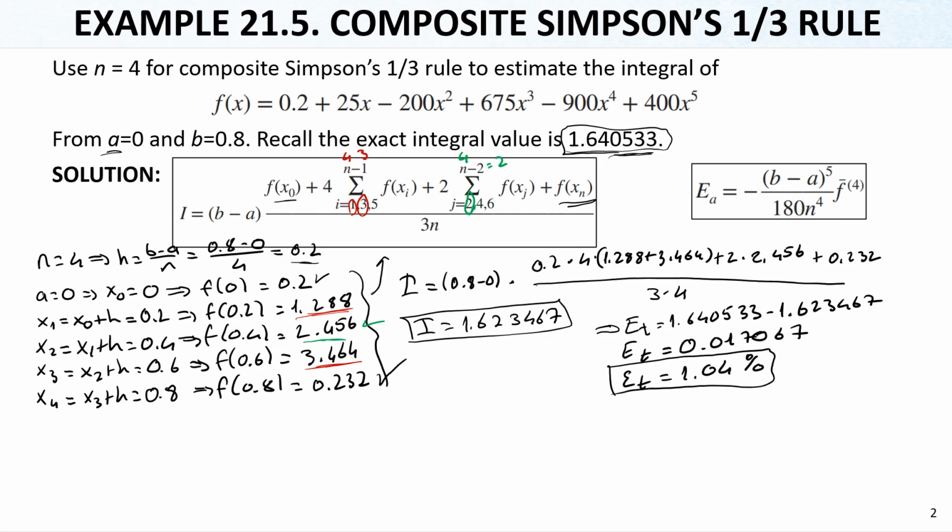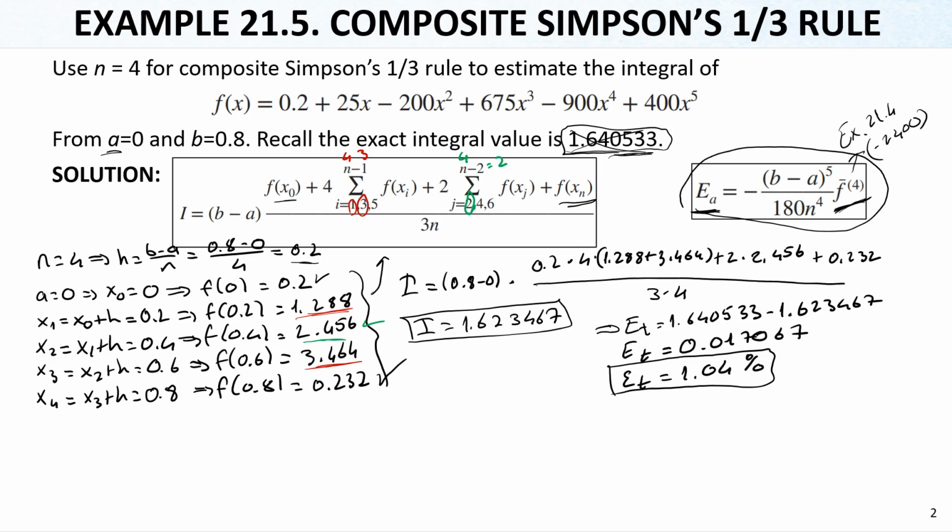So let's say we don't know the exact value, and we know that we can find the approximation error using this. How can we use this? Simply we need to find this fourth derivative mean value, and we already calculated this in example 21.4. You can go ahead and check how we calculated it. You can use the same value from there, which is minus 2400.